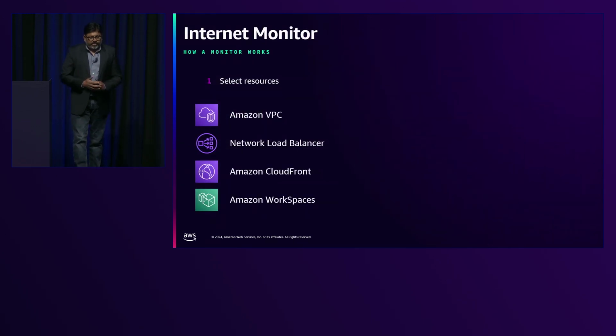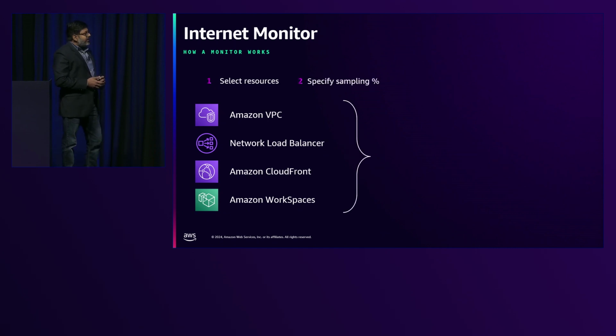So how does it work? It consists of 4 key components. First, you start by selecting the AWS resource, and we support 4 resources right now: Amazon VPC, Network Load Balancer, Amazon CloudFront, and Amazon WorkSpaces. Then we specify what percentage of traffic we want to monitor, and this is how we create our traffic profile.